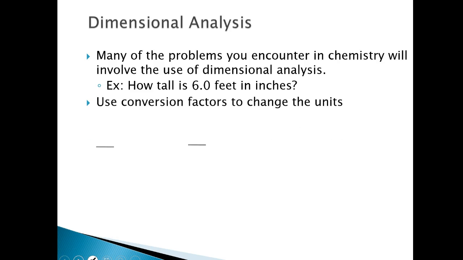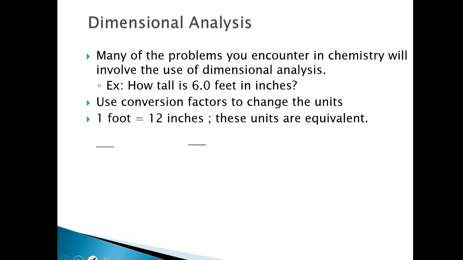Okay, so what you're going to do is you're going to use something called a conversion factor to change the units. And we all know 1 foot is 12 inches, or at least if you were born in the United States, you know that. And these units are equivalent to each other. They're what's called a conversion factor. They're the same thing. By definition, there are 12 inches in 1 foot. It's not 13, it's not 11.